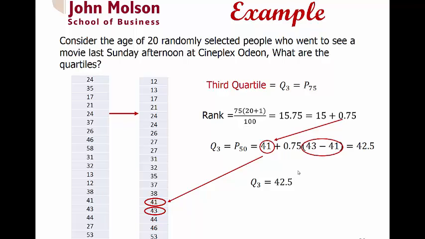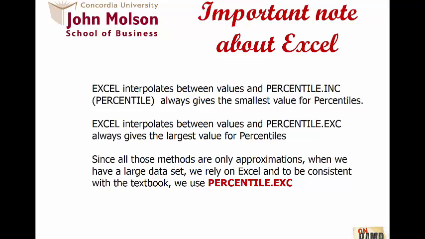Important: in this case, we have used percentile.exc. If I had used percentile.inc instead, that is suggested, it will give me a different answer. To be consistent with the book, this is the approach we will take. Excel interpolates between the values.